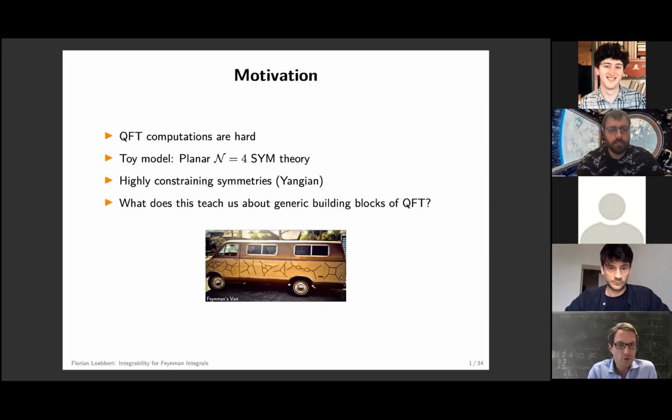This is due to integrability in the planar limit, which from the symmetry point of view is related to Yangian symmetry. The question we want to ask is what this Yangian symmetry tells us about more generic building blocks of quantum field theory, in this case about Feynman integrals.